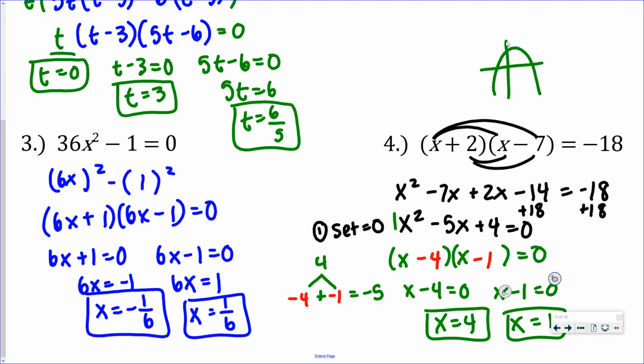Usually, with parabolas. Could we just have one solution? Yeah. Could we have no solution? Yeah, we could. I'm not going to throw any no solutions at you right now. That's in the future. A little preview, they actually do have solutions. They're just not considered real.